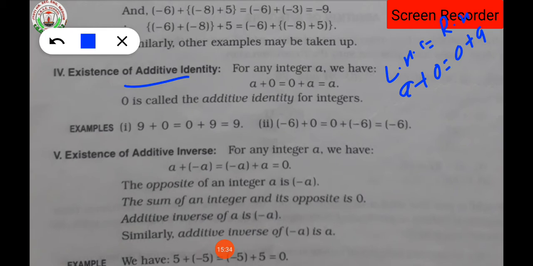So when 0 is added to any number a, the result will be a itself. When 0 is added to any integer, the number will remain the same. That means if suppose I add 99 plus 0, it is equal to 99, and 0 plus 99 is also 99.